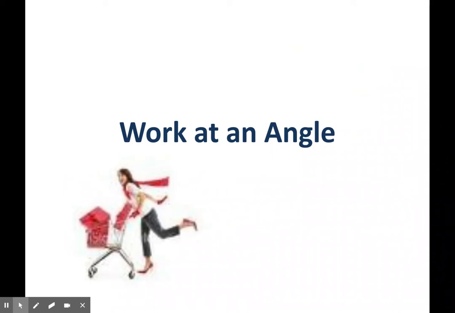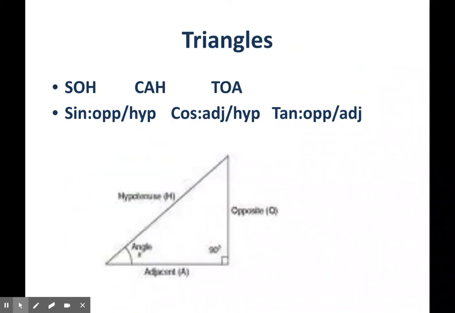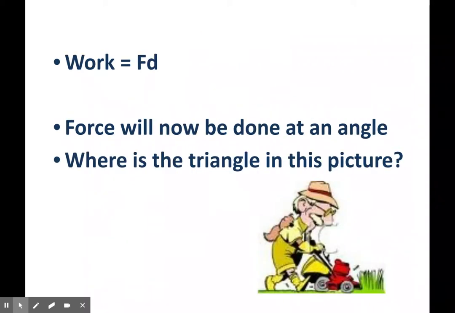Now for angles. Again, we just have to remember our sine, cosine, tangent. So we all should be getting very good at this point. Still using work equals FD. So now what we have to look at, if the force is at an angle, so the man here is pushing on this lawnmower at an angle, but the lawnmower is moving horizontally.